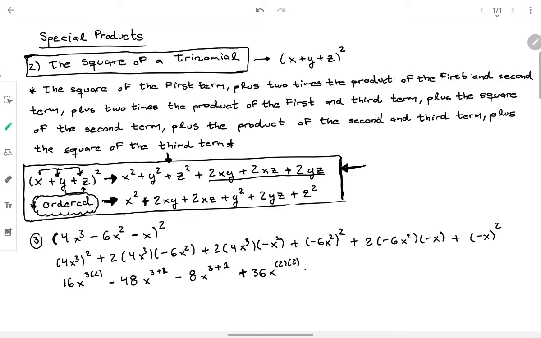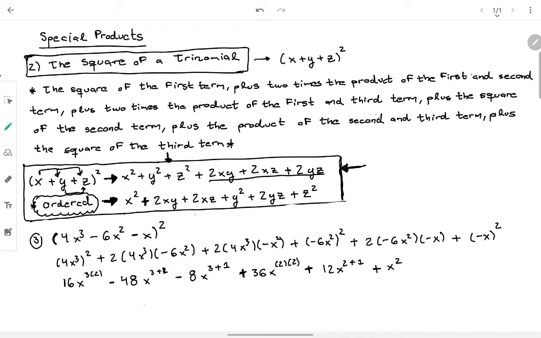Then it's going to be plus, because it's plus multiplied by minus, it's minus multiplied by minus, it's plus. So it will be 12x squared plus 1. Then we will get something like plus, because minus multiplied by minus, it's plus x squared.